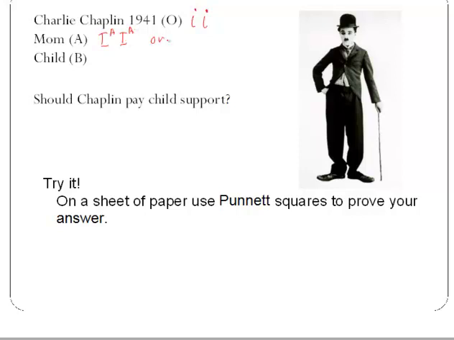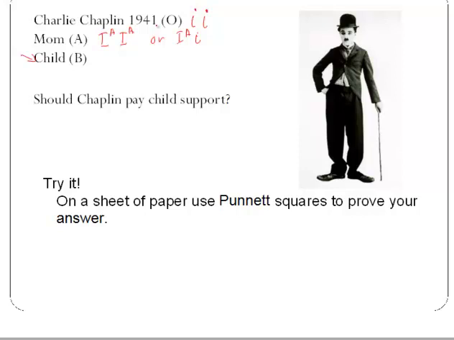Or Mom could be A and hiding the little O. So those are the possibilities for Mom. And the child had blood type B. So I'll let you look at what letters the child might have. What are the possibilities for the child? It'll be very similar to what Mom is, just replace the A's with B's.